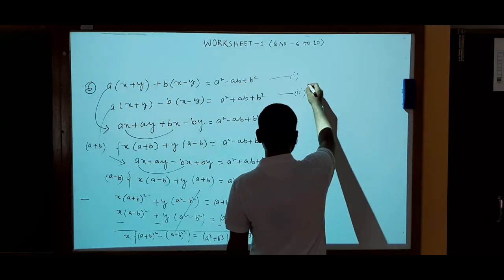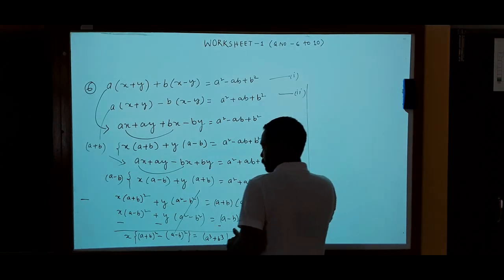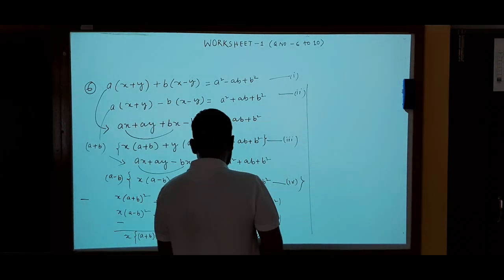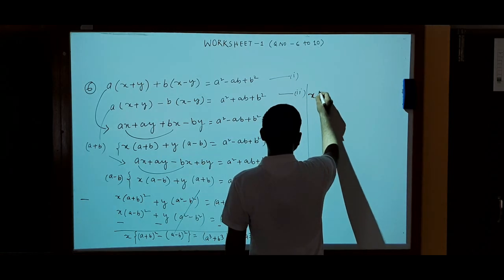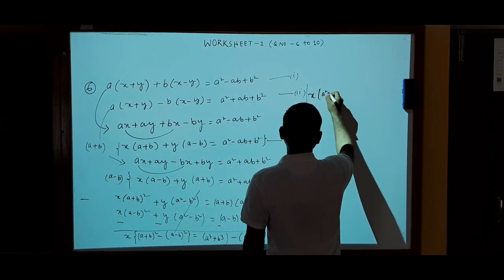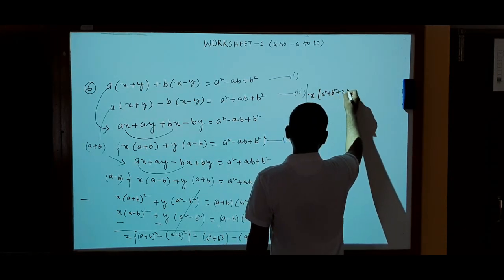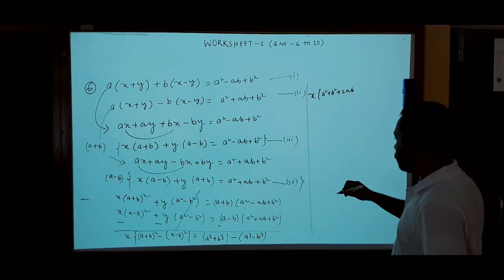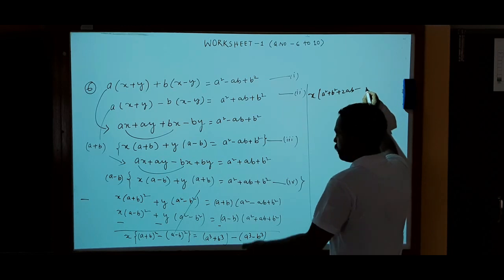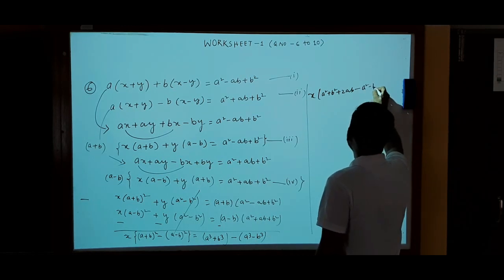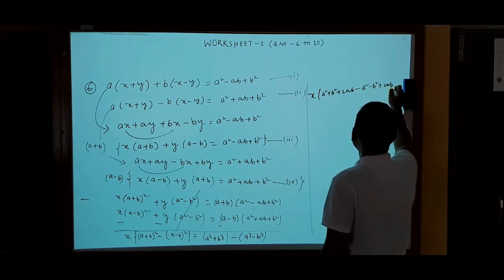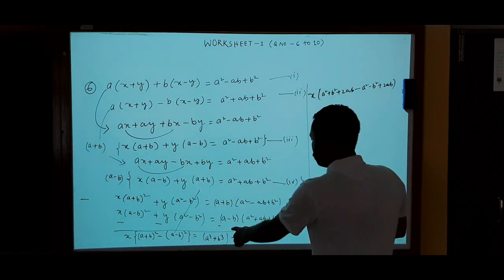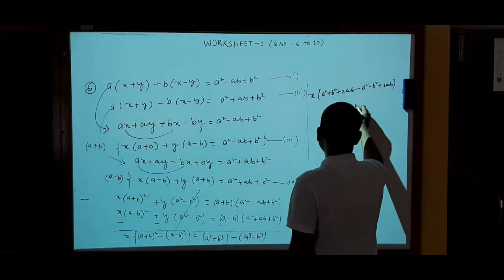So now, x[(a + b)², that is a² + b² + 2ab, minus (a - b)², that is a² + b² - 2ab]. So when I open the bracket, I'll write a² - b² + 2ab is equal to a³ + b³.